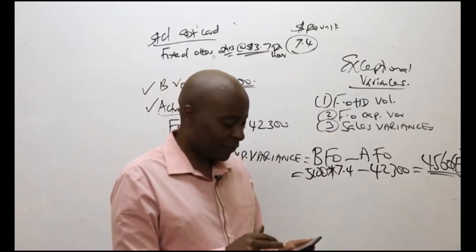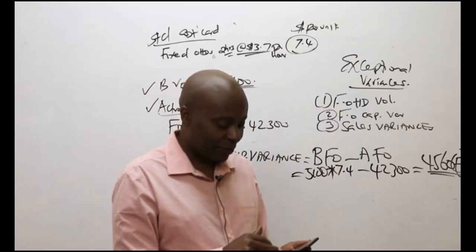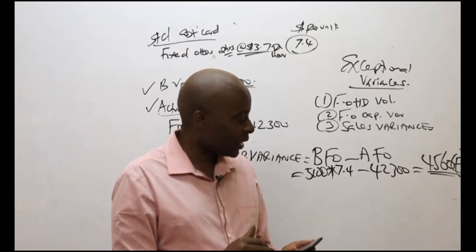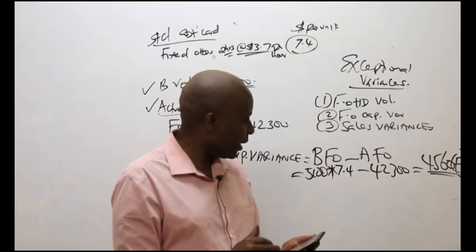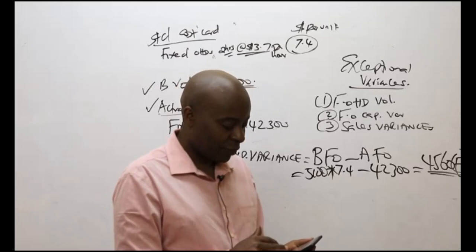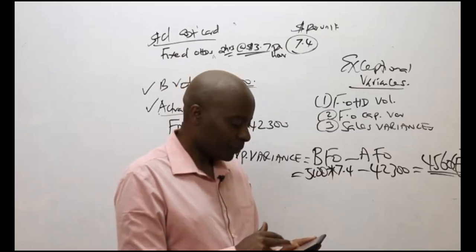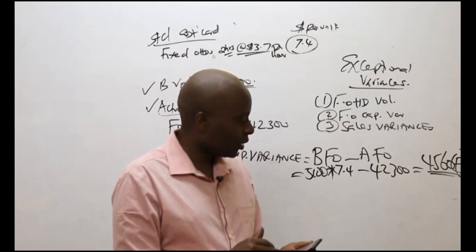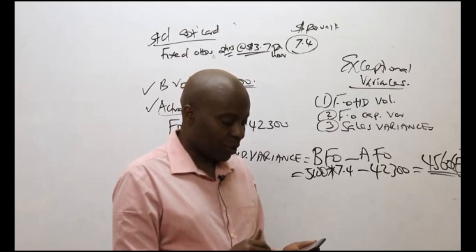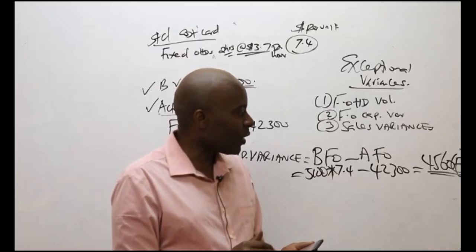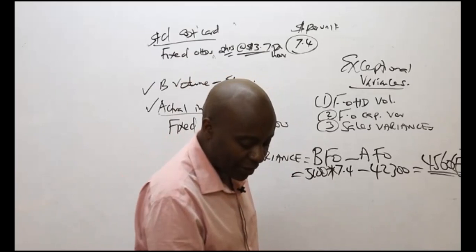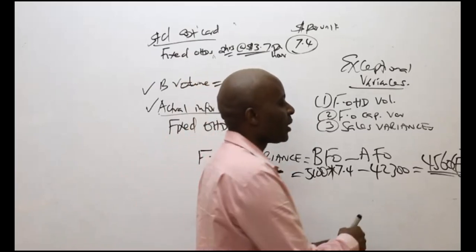So we have here 500 times 7.4 minus 42,300, which gives us, no, it's 5,100, sorry. 5,100 times 7.4 minus 42,300, which will end up giving us minus 4560. So minus 4560 is supposed to be adverse.